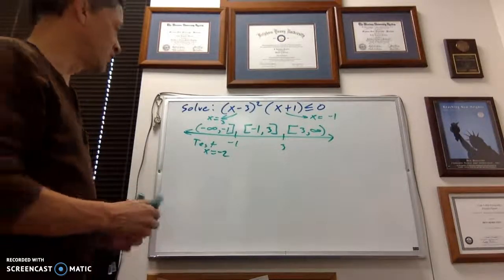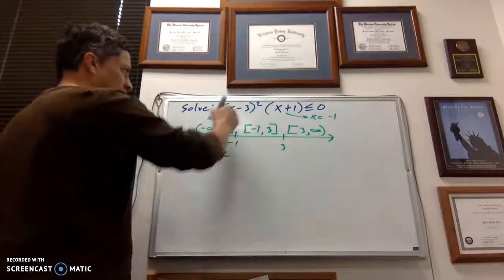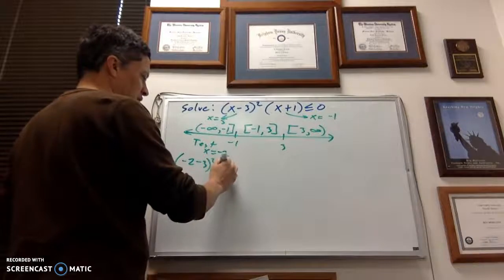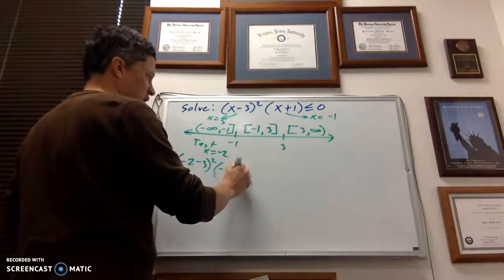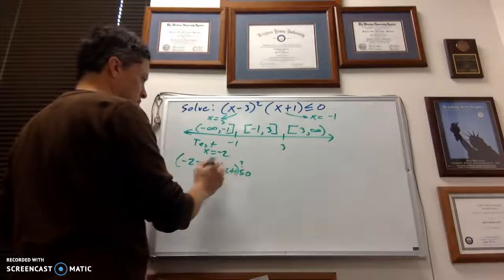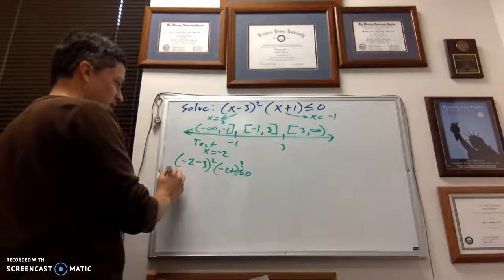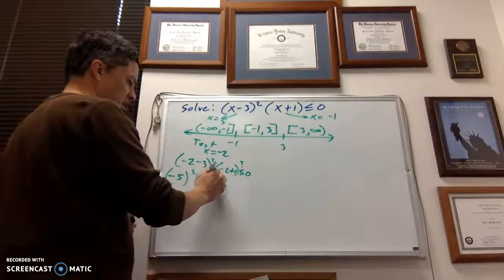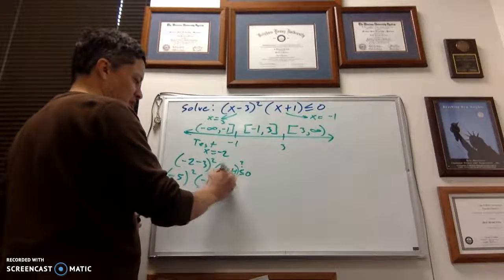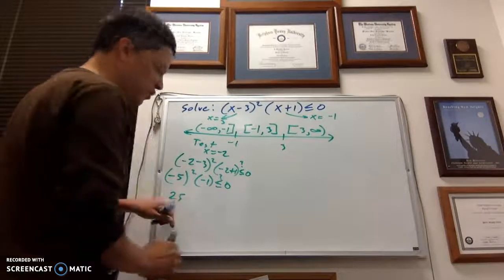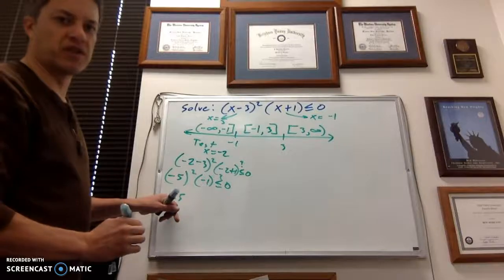So I'll test -2. Plugging it into the original function: (-2 - 3) squared times (-2 + 1), is that going to be less than or equal to 0? Well, let's see. That'll be a -5 that needs to get squared, times a -1, trying to be less than or equal to 0. -5 squared is 25, and by the way, that's where I messed up the previous video.